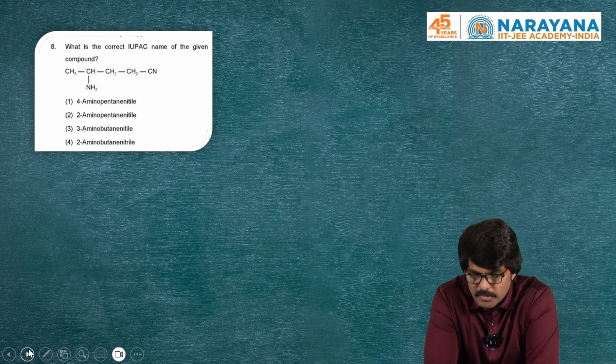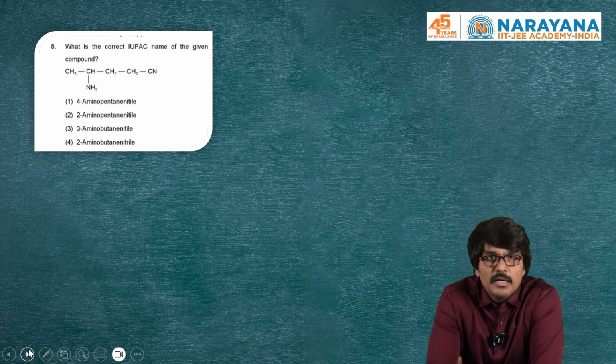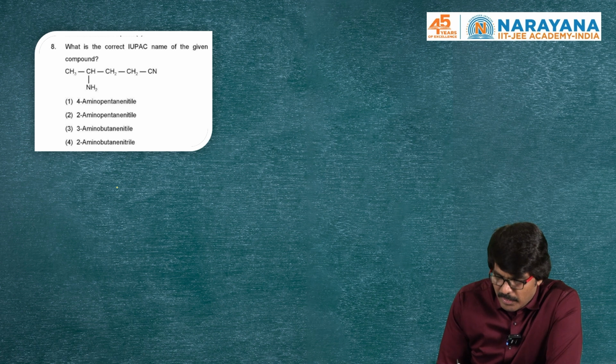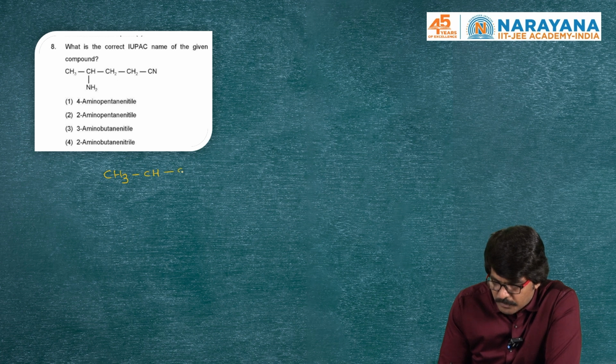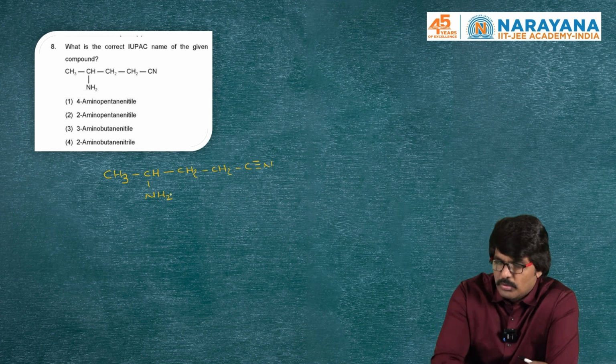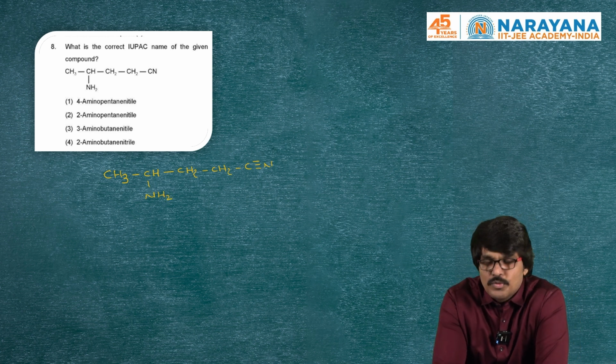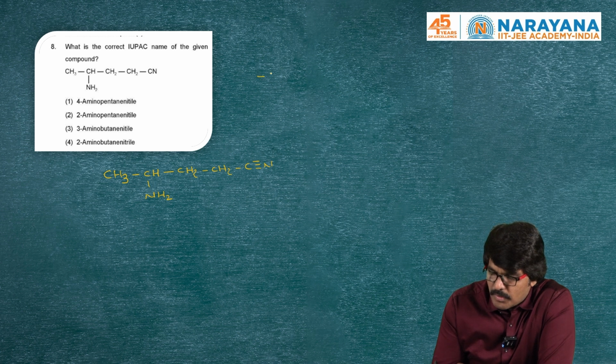Again the question is on IUPAC naming, and let me take the structure here. So that is CH3, CH, CH2, CH2, C triple bond N, and this is NH2. So you have two different functional groups. One is the cyanide functional group, IUPAC suffix is nitrile.